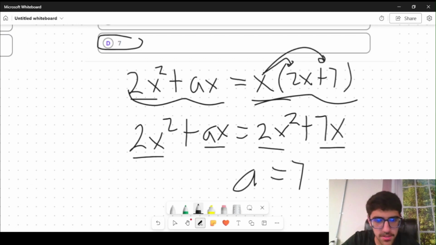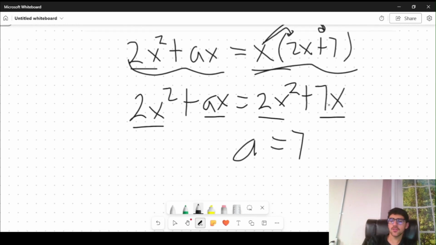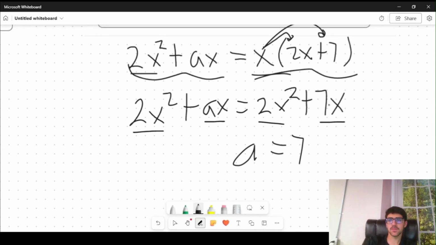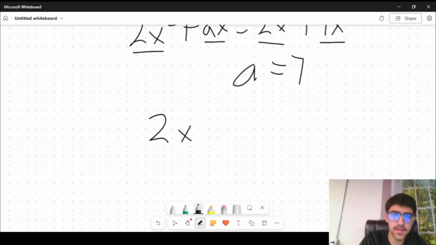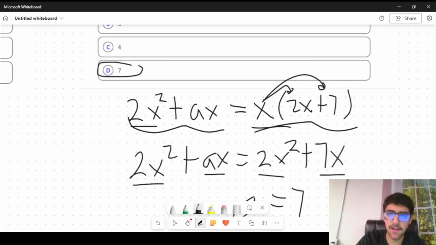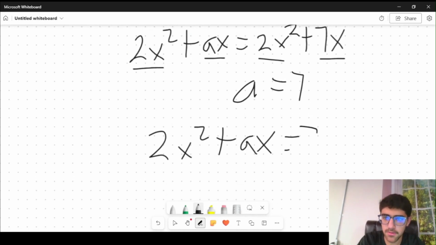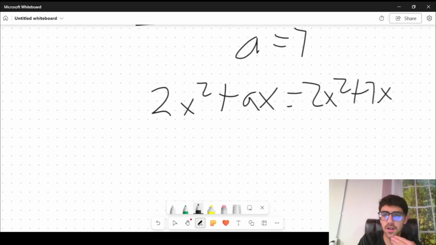I just wanted to point out, if this is confusing for you guys, how we made them look equal, you could also just use algebra. I know it's an equivalent expression, but you could use algebra to solve this. So 2x squared plus ax, and after we FOILed, we got 2x squared plus 7x equals 2x squared plus 7x. So just use basic algebra to solve for a.